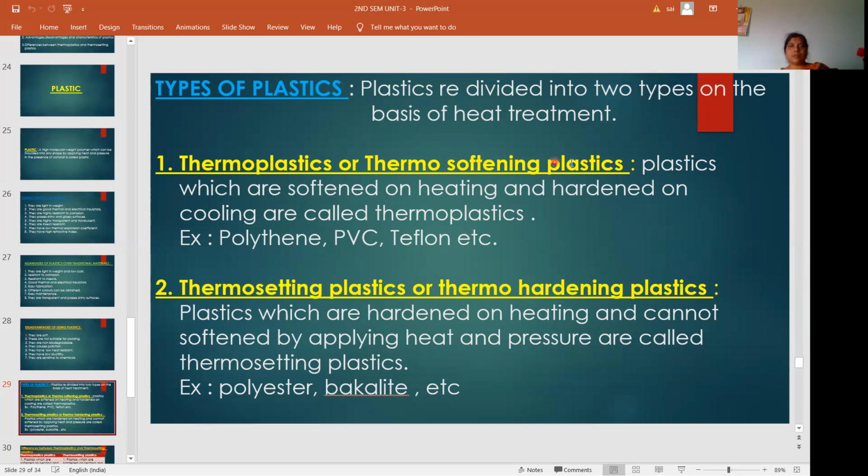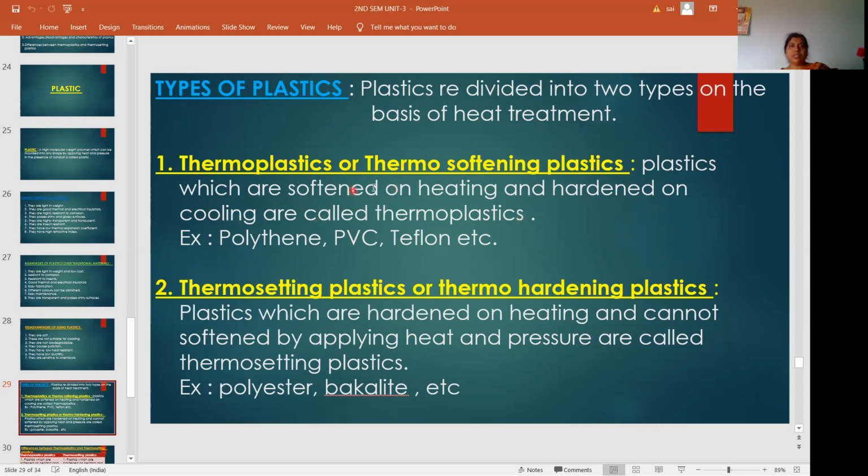So what is meant by thermoplastic? Plastics which are softened on heating and hardened on cooling are called thermoplastics. When you heat them, they become soft. When you cool them, they become hard.